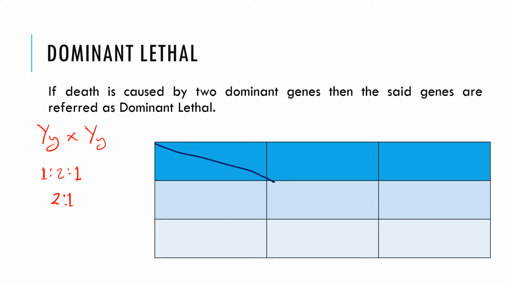As both the parents are heterozygous, we are going to get the alleles in the gametes distributed equally.